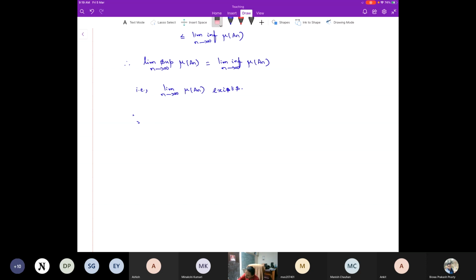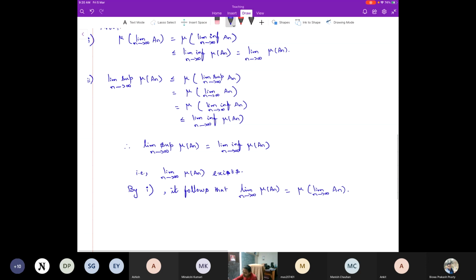Once you know this, then by 1, it follows that the limit as n tends to infinity of mu of a n is equal to mu of the limit a. That's it. It's a consequence of 1.